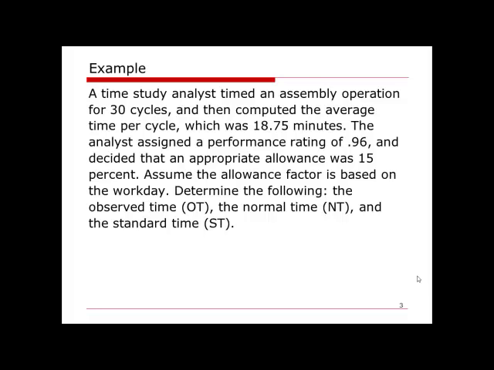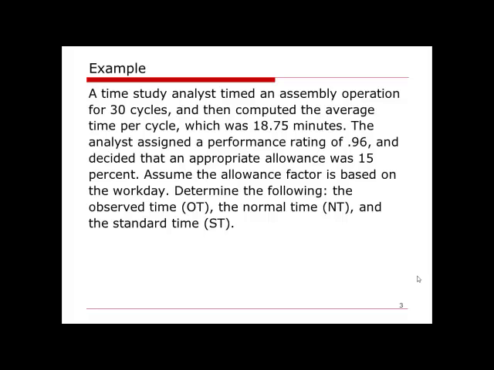Then the analyst assigned a performance rating of 0.96 and decided that an appropriate allowance was 15%, and this allowance factor is based on the workday. Now we need to determine the observed time, normal time, and standard time.